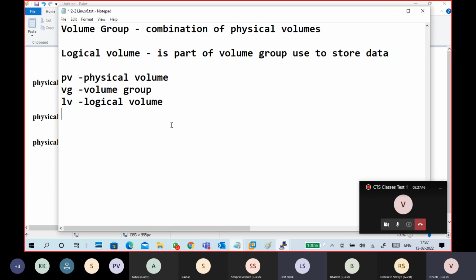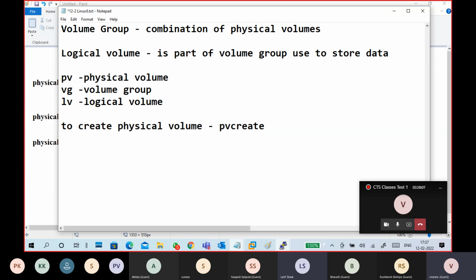I'm not going in depth on this. To create a physical volume, the command is pvcreate.